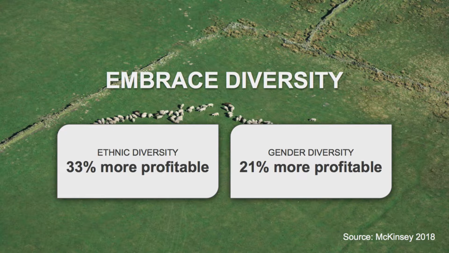We don't work on profitability, but actually we kind of do, don't we? We work on value for money in the healthcare we deliver. So this slide with data from McKinsey has shown that an ethnically diverse workforce is 33% more profitable, and a gender diverse workforce is 21% more profitable. So by embracing our differences as we work together, we should actually deliver better care.